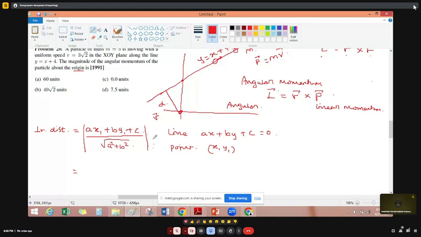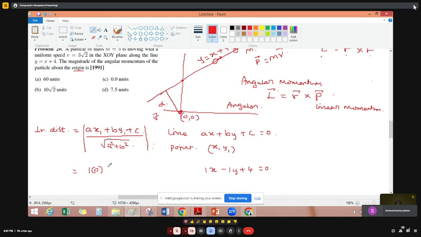A is 1 here. So the line over here will be 1x minus 1y plus 4 is equal to 0. So 1 into 0, x1, I want it at the origin.